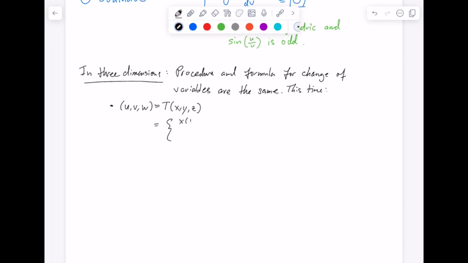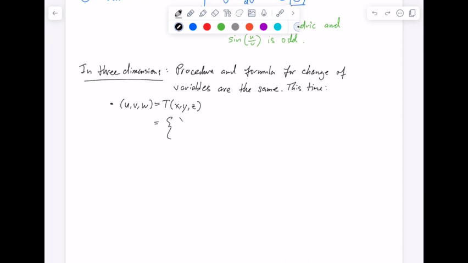And these are 3 functions, or 3 component functions, which we'll assume to be continuously differentiable and also one-to-one on the region that they're defined. Our Jacobian is going to be something similar, but we have a 3 by 3 matrix now.